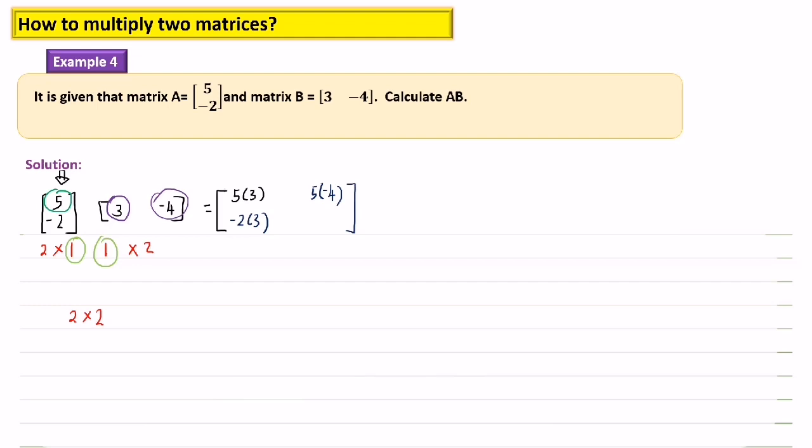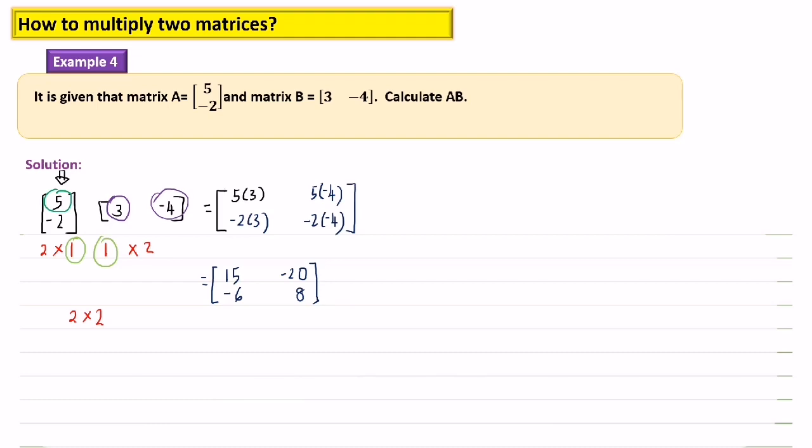And second row, second column is negative 2 times negative 4. Okay, so what is your answer? 5 times 3, 15. 5 times negative 4 is negative 20. Negative 2 times 3, negative 6. And negative 2 times negative 4 is 8.